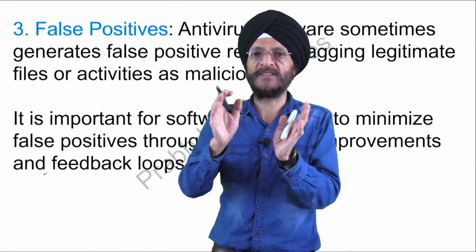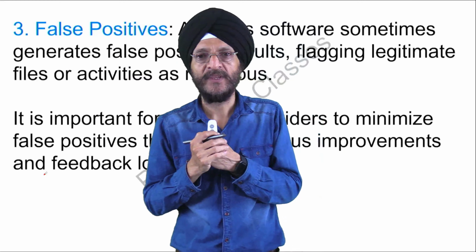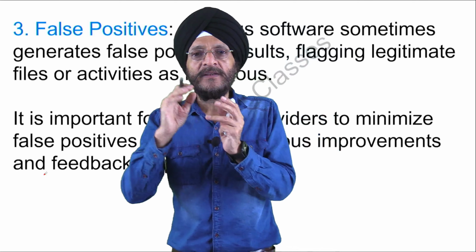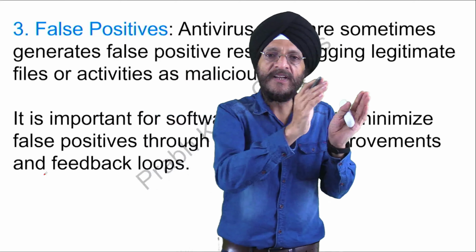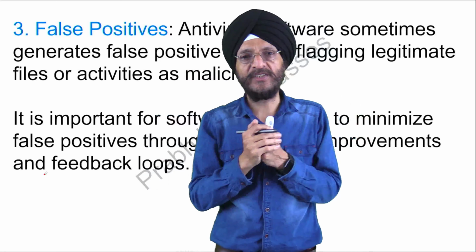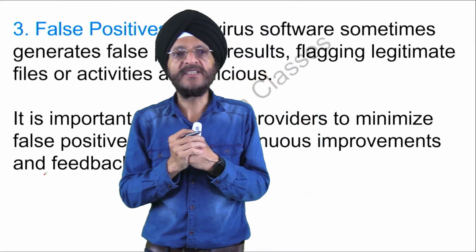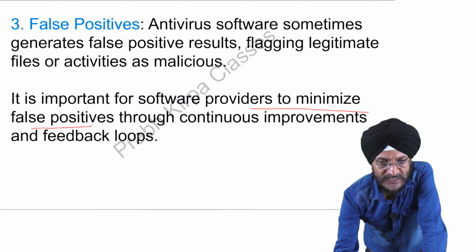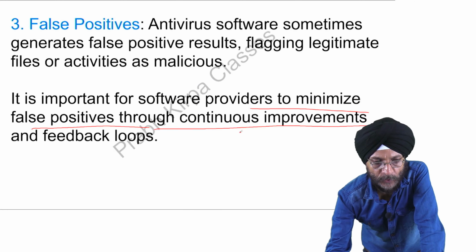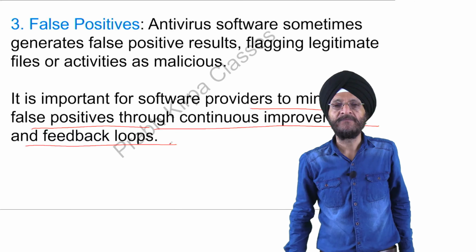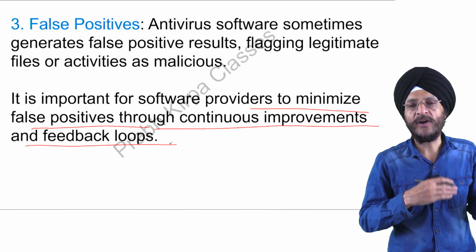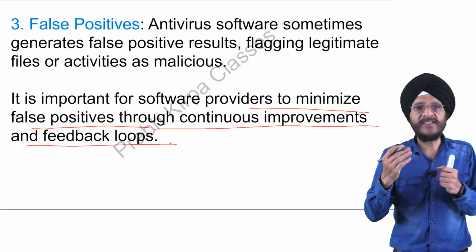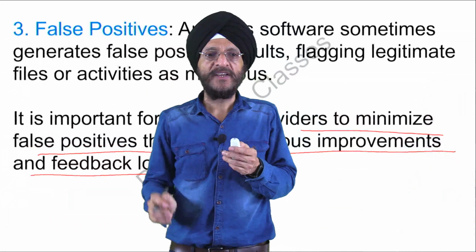It may have some resemblance in code or behavior, and in that case, antivirus software will raise the red flag and will regard that file as malicious. It may happen sometimes. It is important for the software providers to minimize false positives through continuous improvements and feedback loops. It means that antivirus software should continuously take steps to ensure that the chances of false positives are reduced.